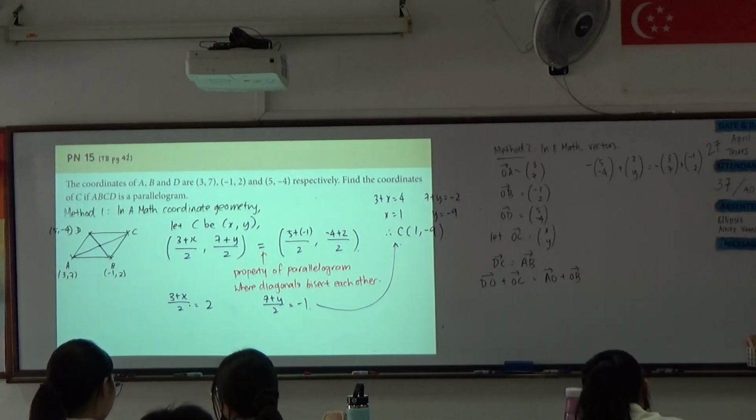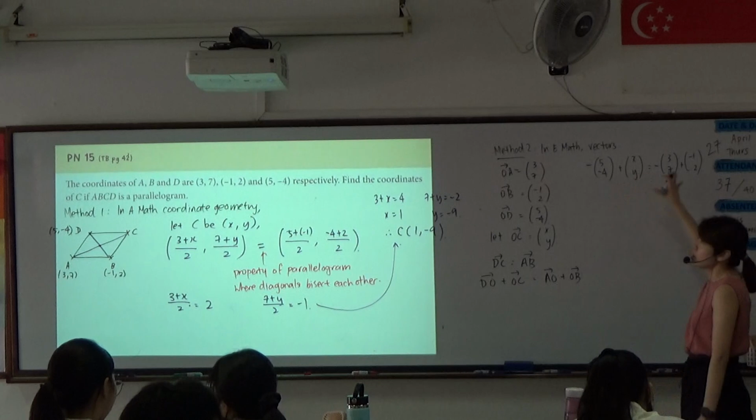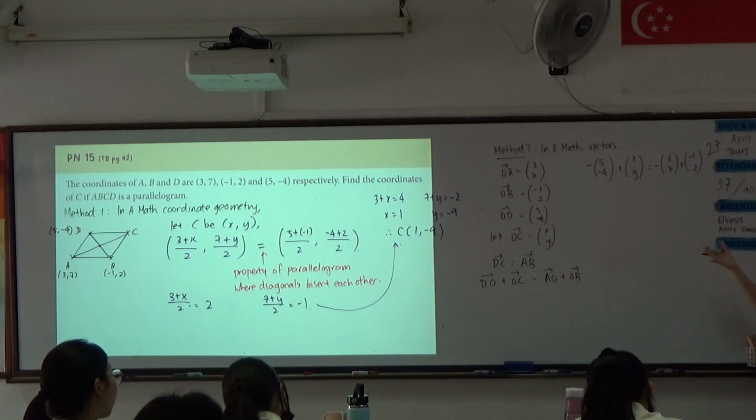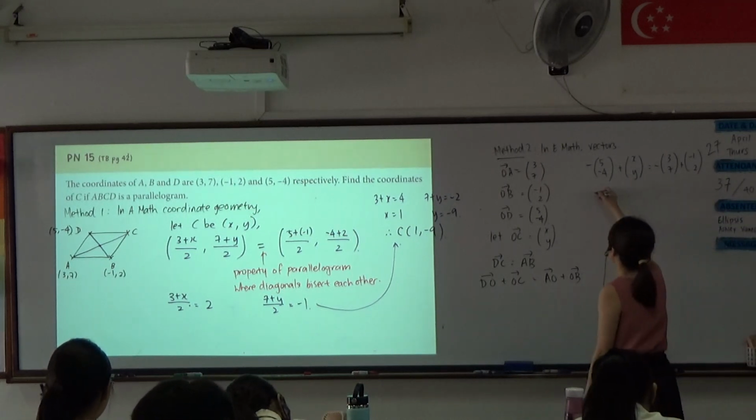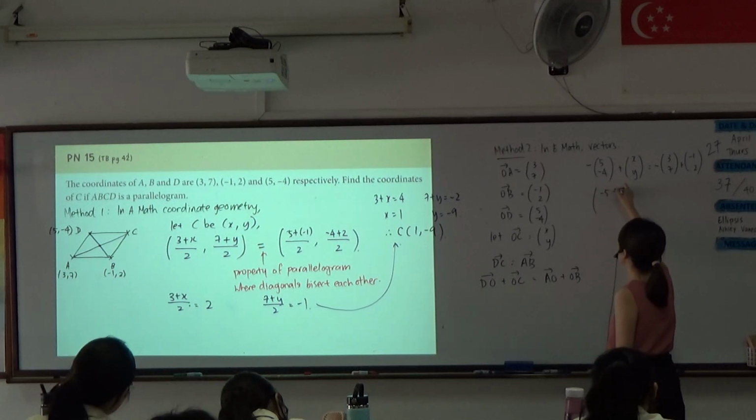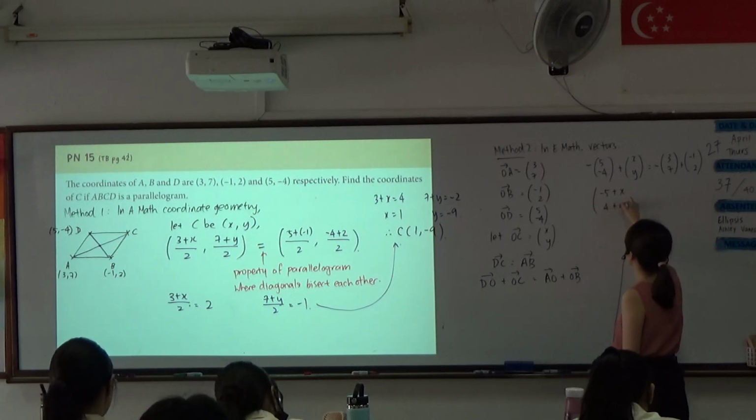Then it reduces to simple calculations of matrices of all your vectors. So in this case, I can write it as negative 5 plus x, 4 plus y.